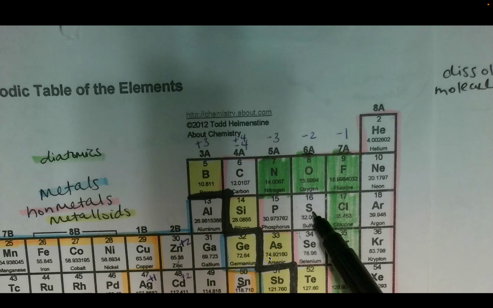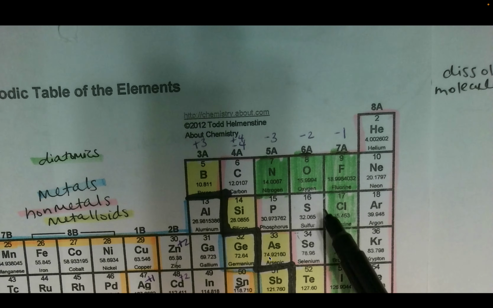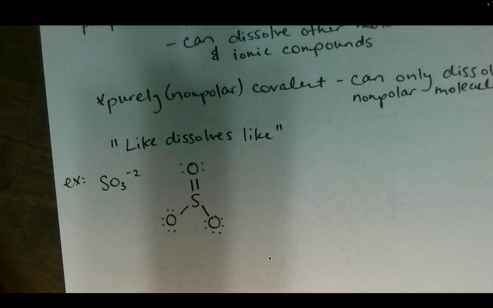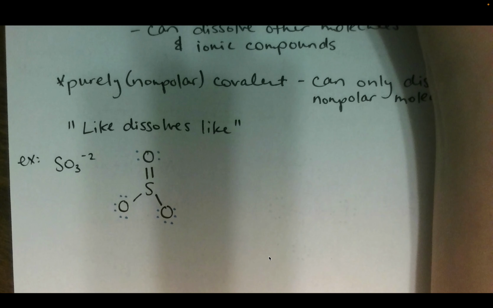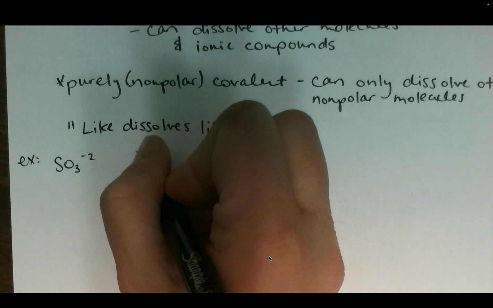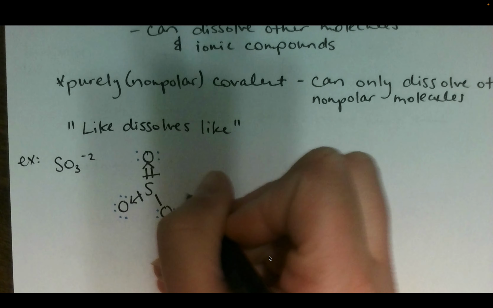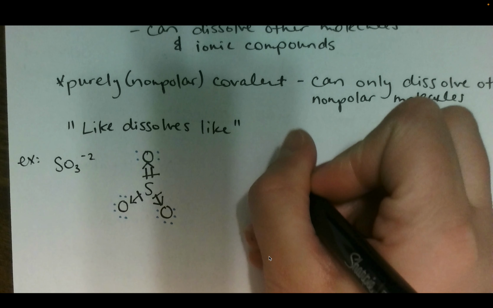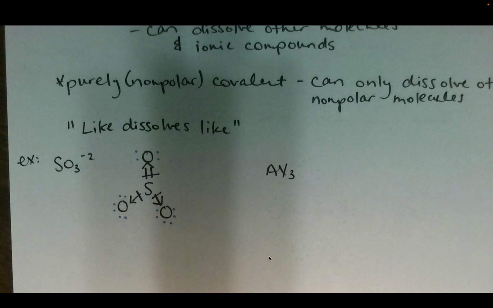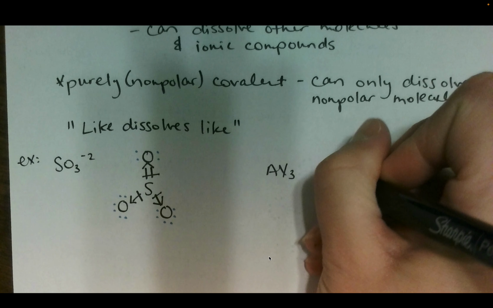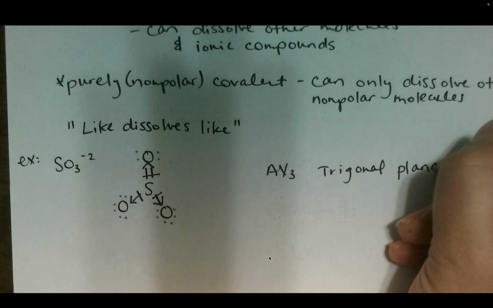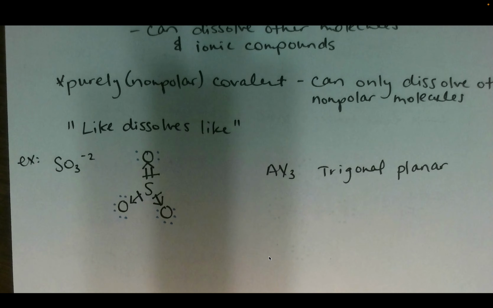Oxygen is more electronegative than sulfur. Remember, electronegativity goes down as you move down the periodic table. So oxygen being higher means it's more electronegative than sulfur. That means my electrons are going to move towards my oxygens. This is that AX3 geometry we covered, which is trigonal planar.